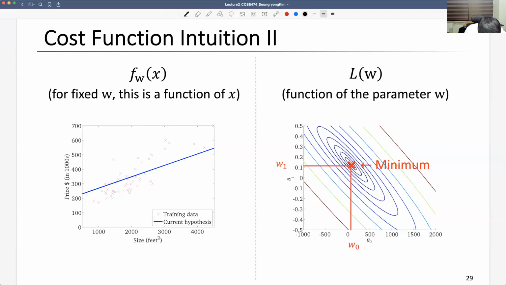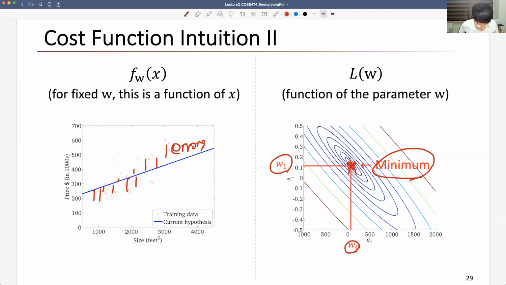Then we can find the optimal parameter w that makes the loss function minimum. So in this case, we can also measure the errors here. But when we pick W0 and W1 as this one, this error will be the minimum.